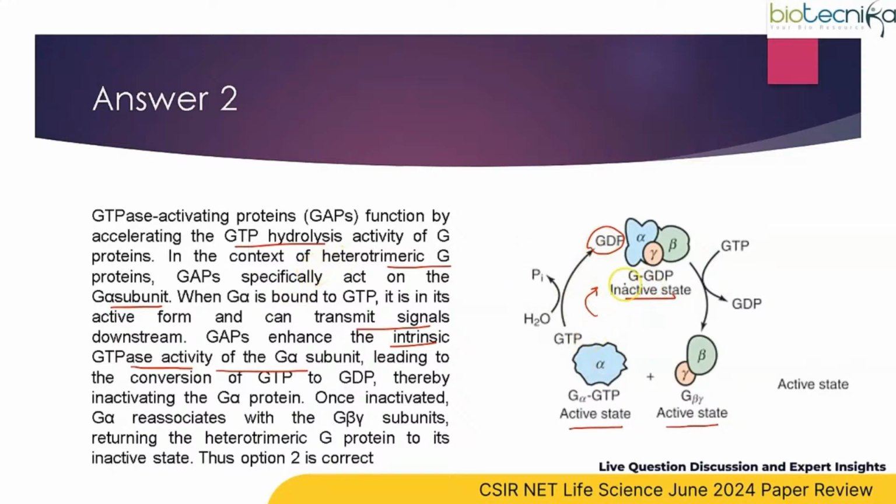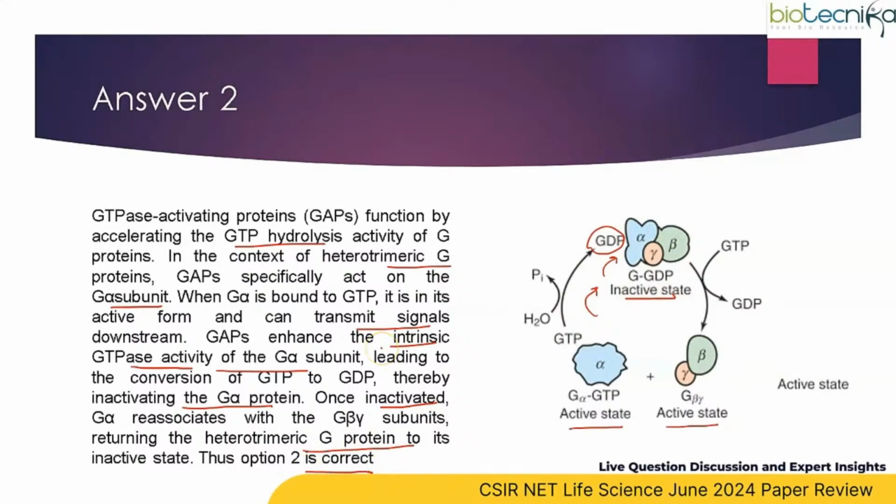It is actually inhibiting this G alpha; it inactivates the G alpha protein. Once inactivated, this G alpha will reassociate, as you can see. It is a cyclic process: it reassociates with the G beta gamma subunits, returning the heterotrimeric G protein to its inactive state. That is why option 2 is correct.